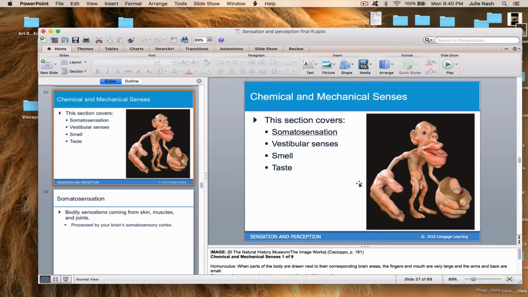So let me show you. This guy right here is the homunculus man, and it's very interesting. I wish I could get a model of these, but this picture's online. Each part of his body represents how much of that somatosensory cortex, that strip along the top of the brain, is dedicated to processing information from each part of our body.